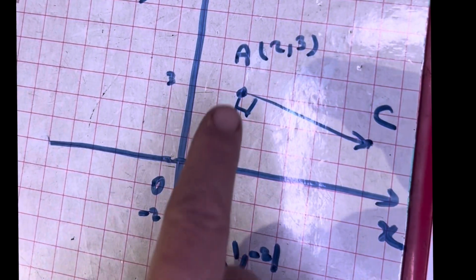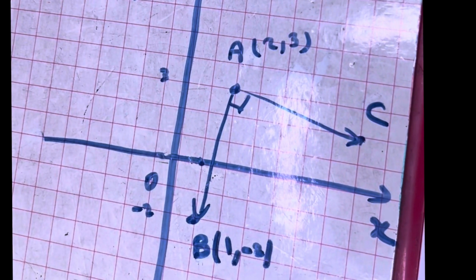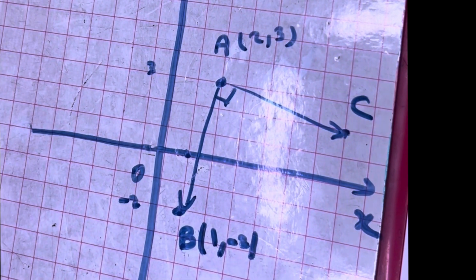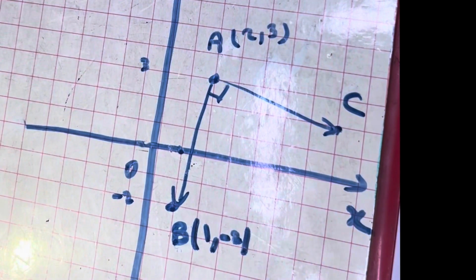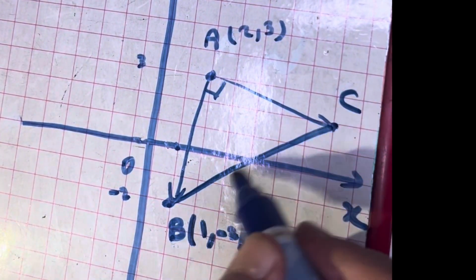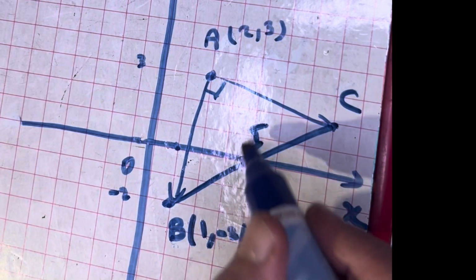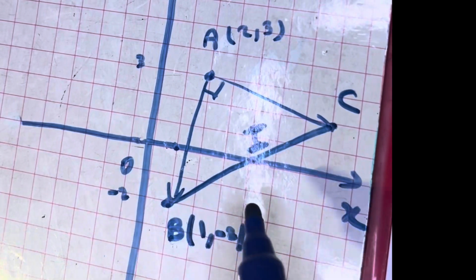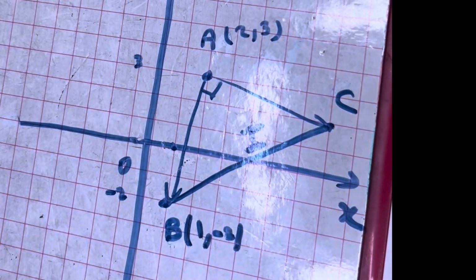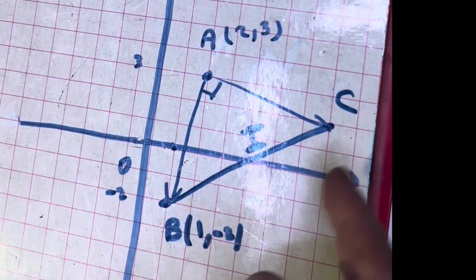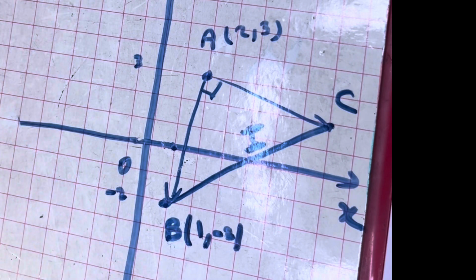If A is 90 degrees, if you remember, the center of the circle circumscribed about triangle ABC should be the midpoint of the diameter, which is BC. It should be I, okay? So how to find the coordinates of I? Since I is the midpoint of BC, it's easy to find. Xi equals xb plus xc over 2, yi equals yb plus yc over 2. And you know how to continue.